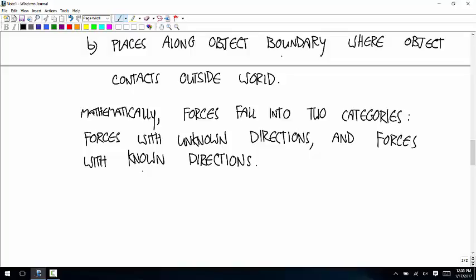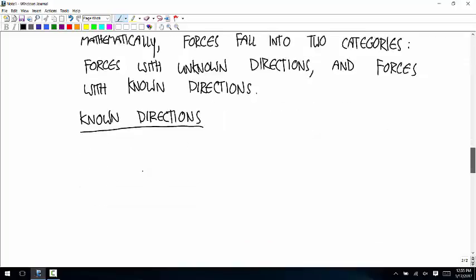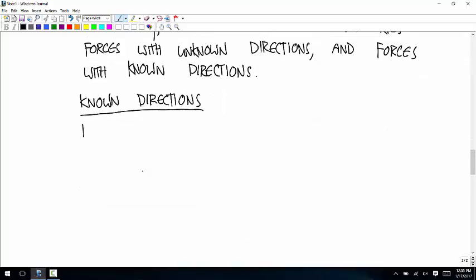So let's do known first. If you know the direction of a force, draw an arrow in the known direction.